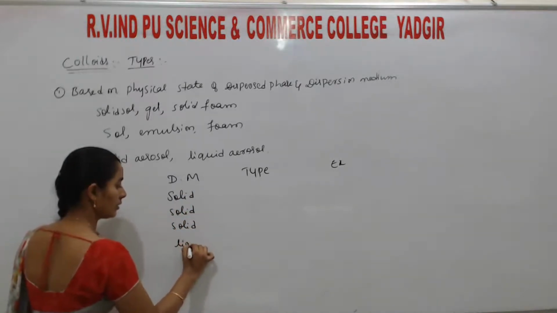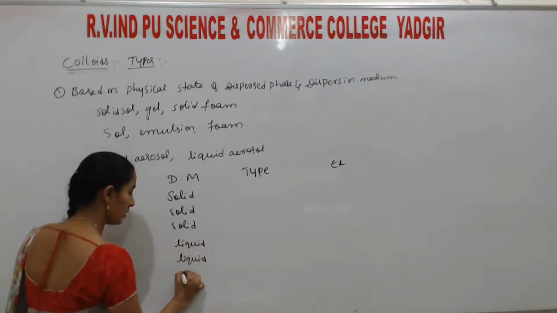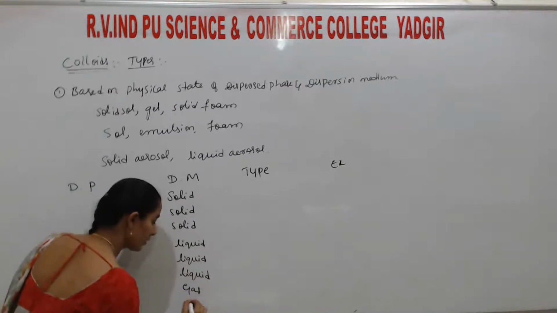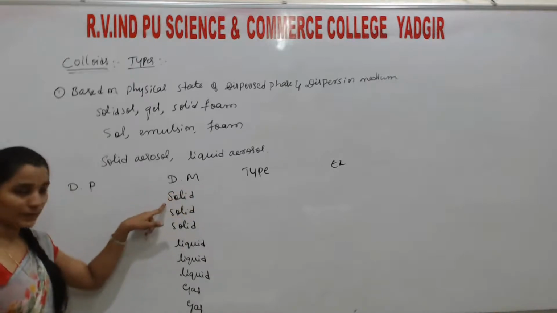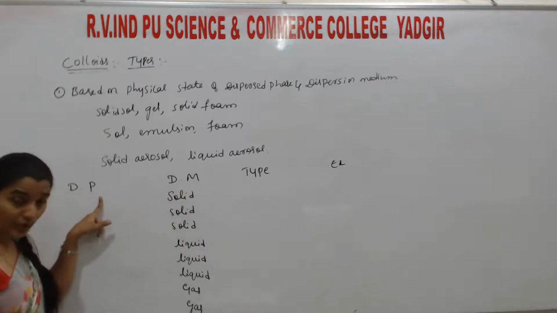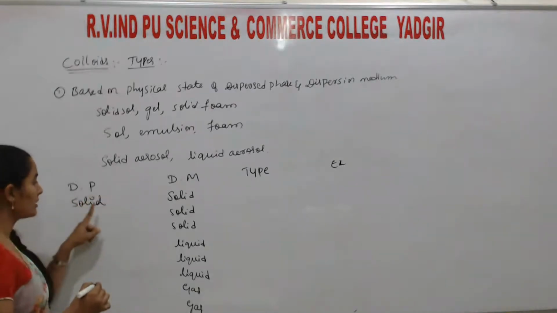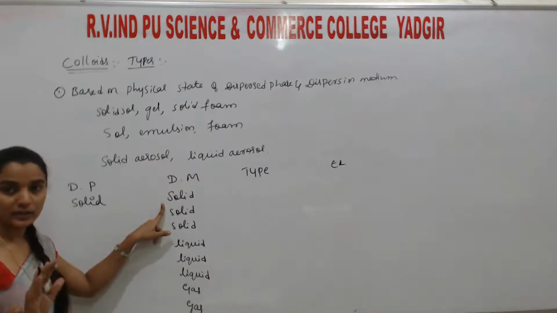Next, liquid, gas. If the dispersion medium is solid and the dispersed phase is also solid, it means a solid solute is dissolved in a solid solvent.